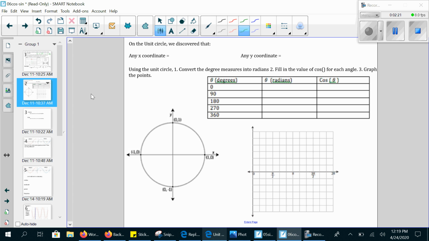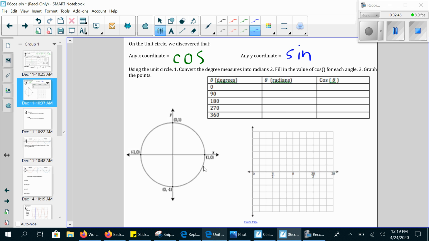On the unit circle, we discovered that the x-coordinate of where an angle hits that unit circle is that angle's cosine value. And we found that the y-coordinate of where an angle hits the unit circle is the sine value.